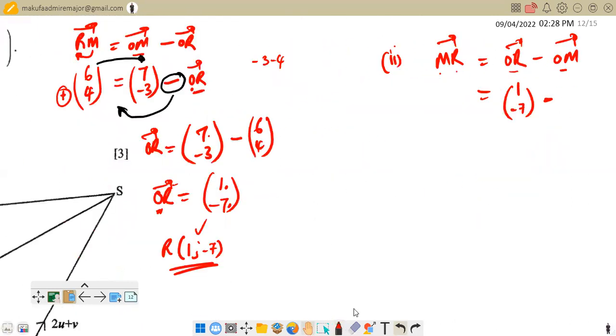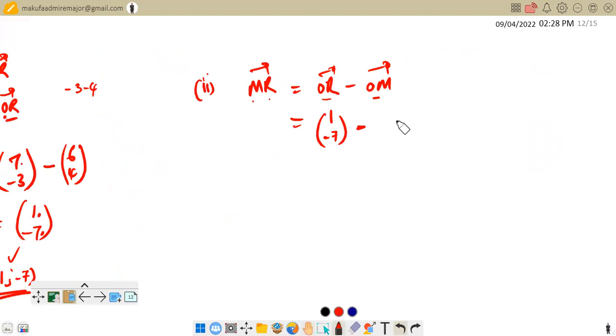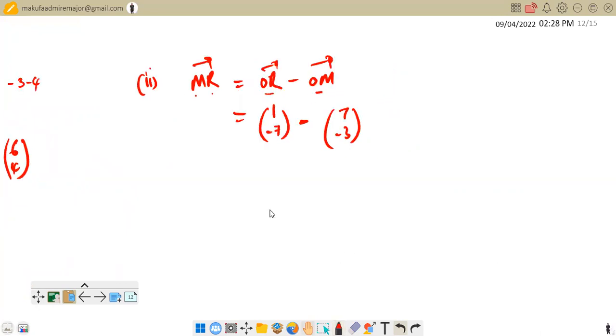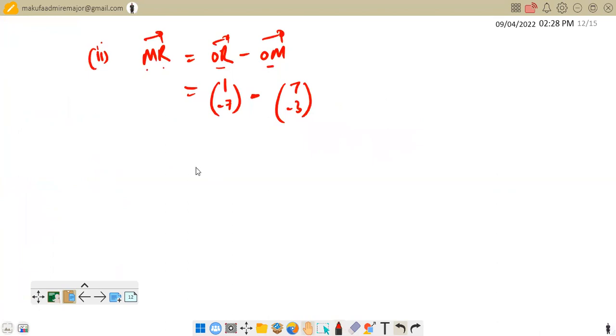So we're just going to take that in vector form. So we can perform our subtraction. We are subtracting corresponding elements: 1 minus 7, which is negative 6, and negative 7 minus negative 3.